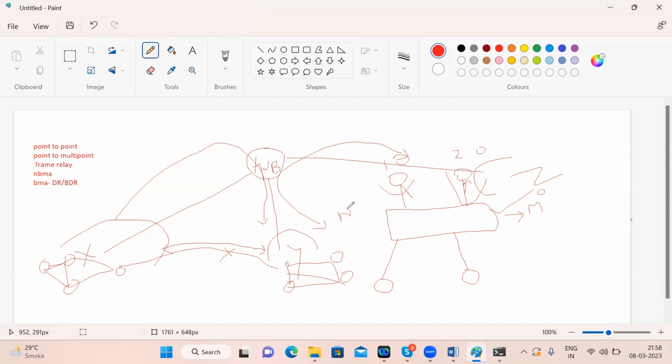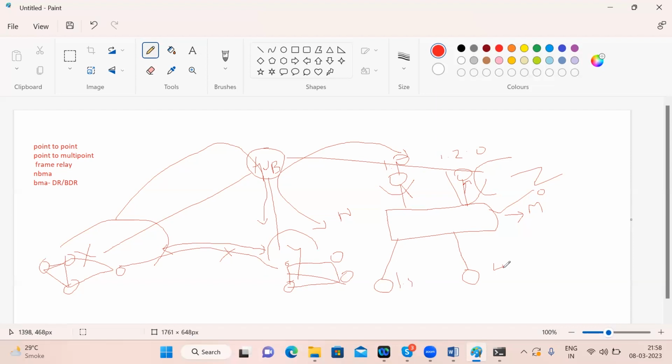Now if this router is using an IP of 1.1, the second one 1.2, the third one 1.3, and the last one 1.4, that means all four routers are connected within the same network. So what will happen?